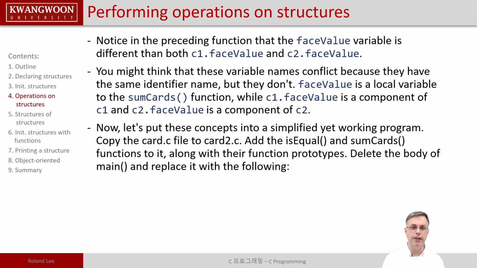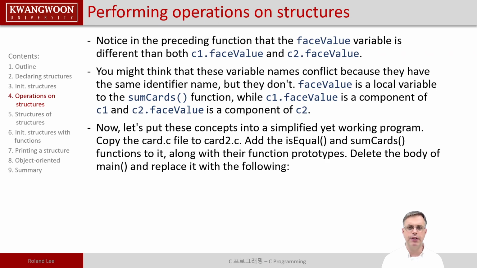Face value is a local variable to the sum card function, while C1 dot face value is a component of C1 and C2 dot face value is a component of C2. Each of them is actually a different location in memory capable of holding different values.